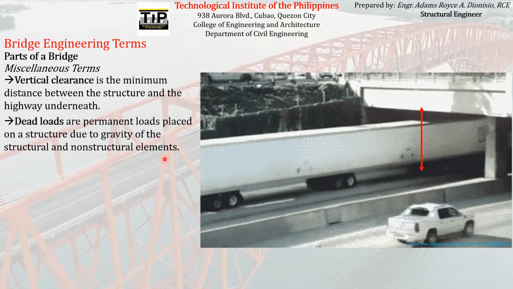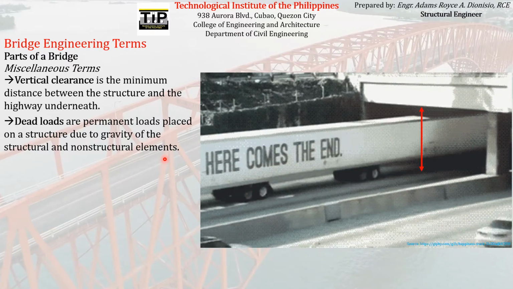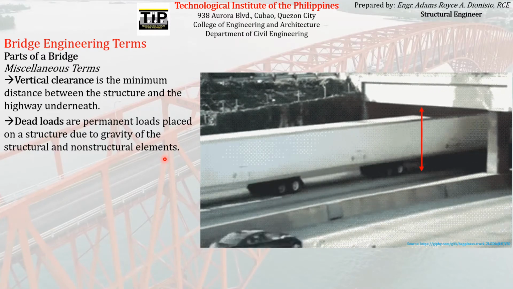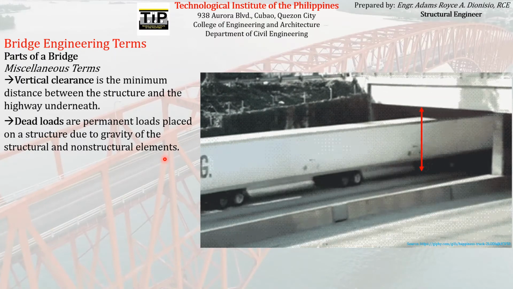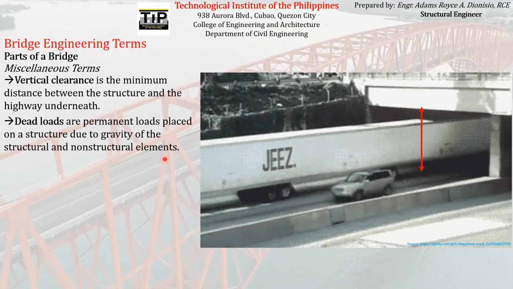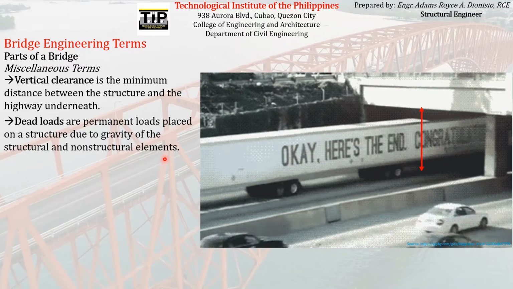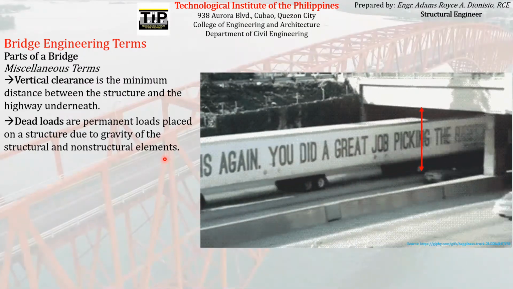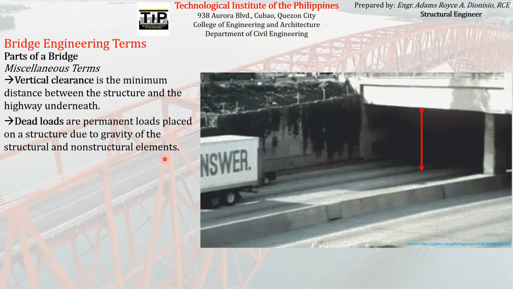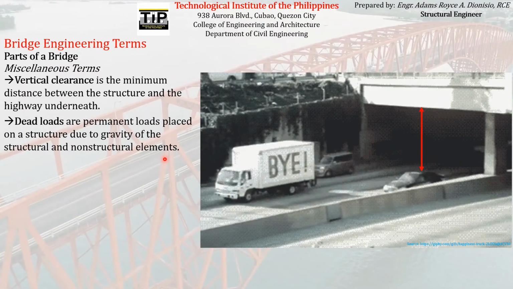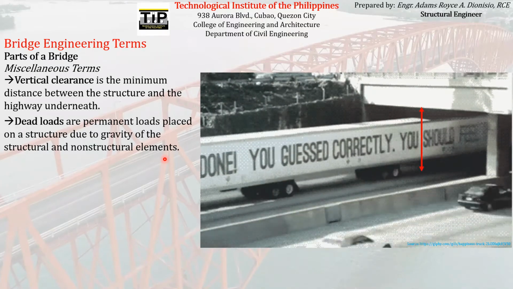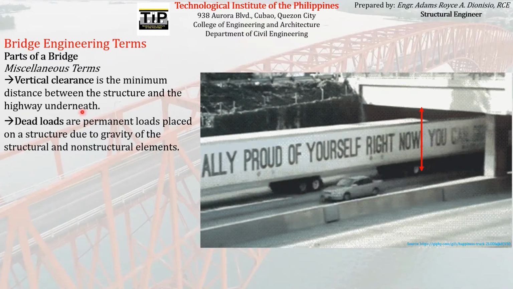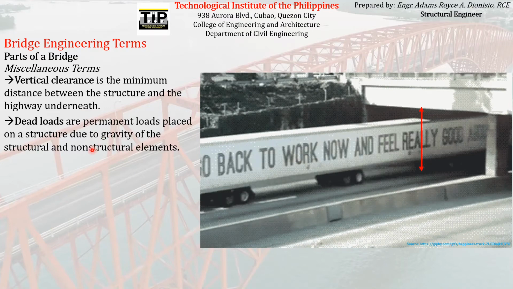Some examples of dead loads are the weight of the bridge itself, the weight of the components of the bridge, like the weight of the deck, the weight of the girders or the primary members or the secondary members, the weight of the piers, the weight of the footings, etc.